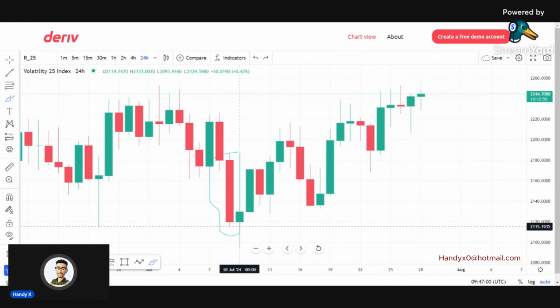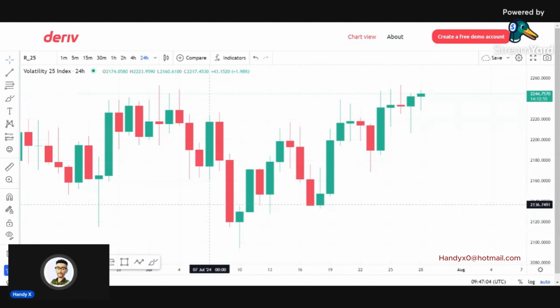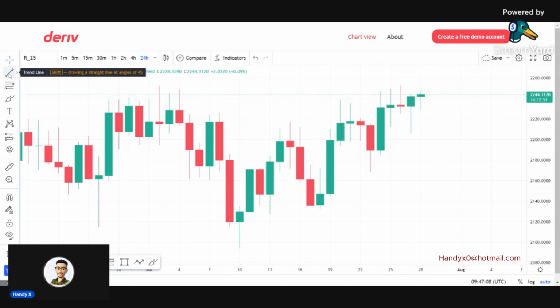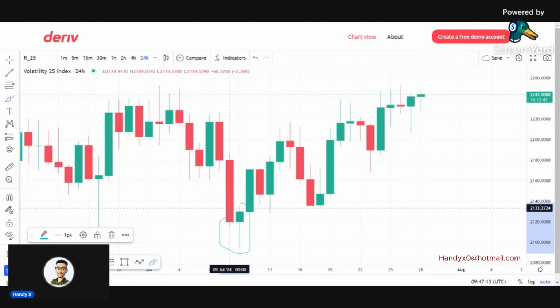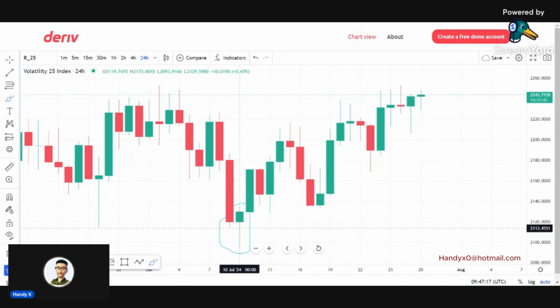Now let's look at this particular candle next to it, which is a green candle. To analyze this is very simple. This is the candle body and it's green, and these are the wicks.